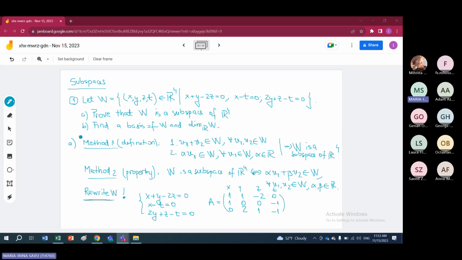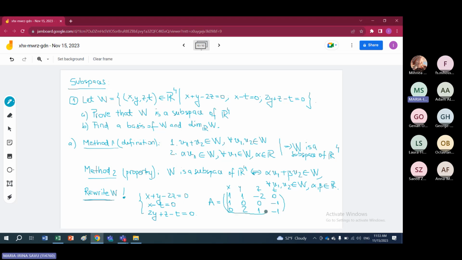Sorry, can you repeat, please? The rank of this matrix is three. Okay, because you took what minor? The first three columns, minus 2, 0, 1.